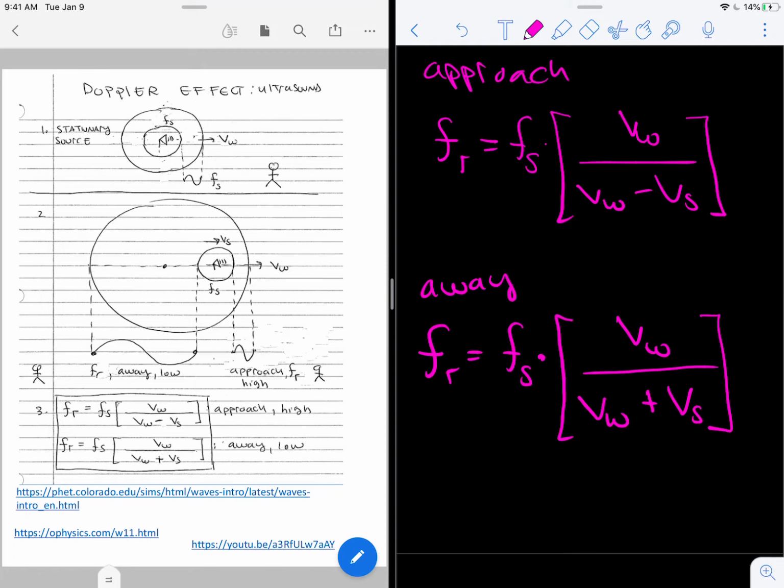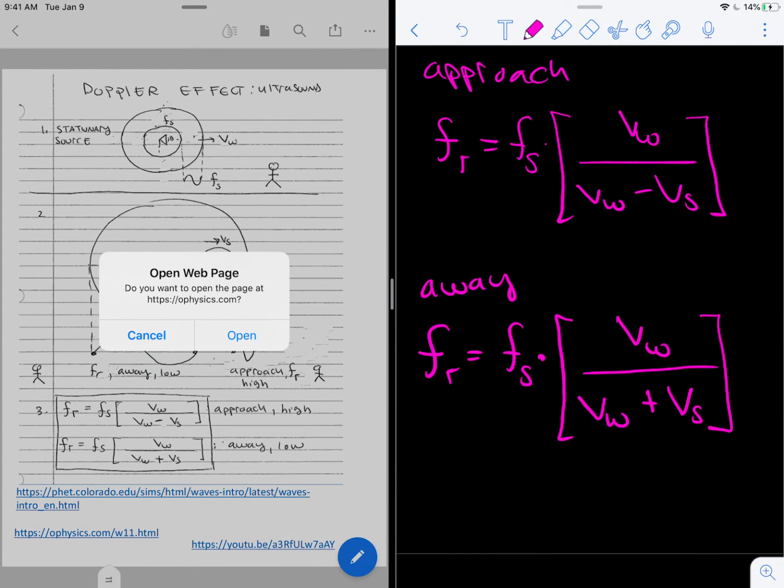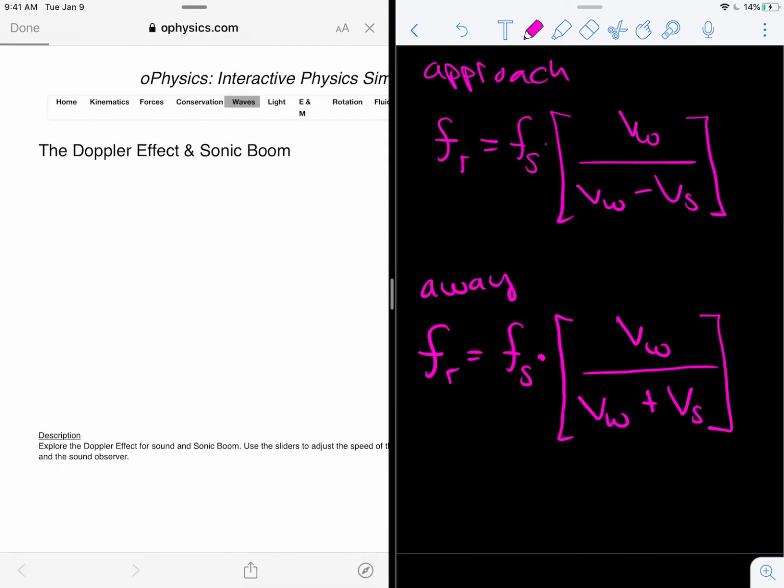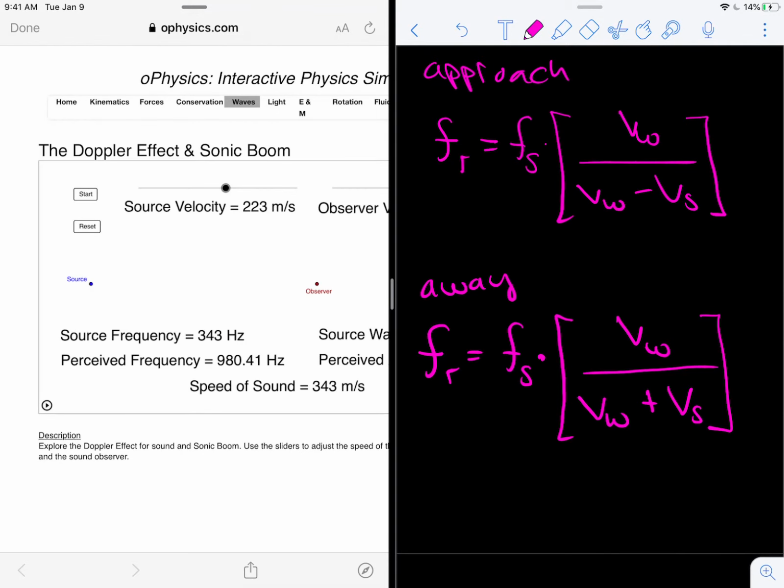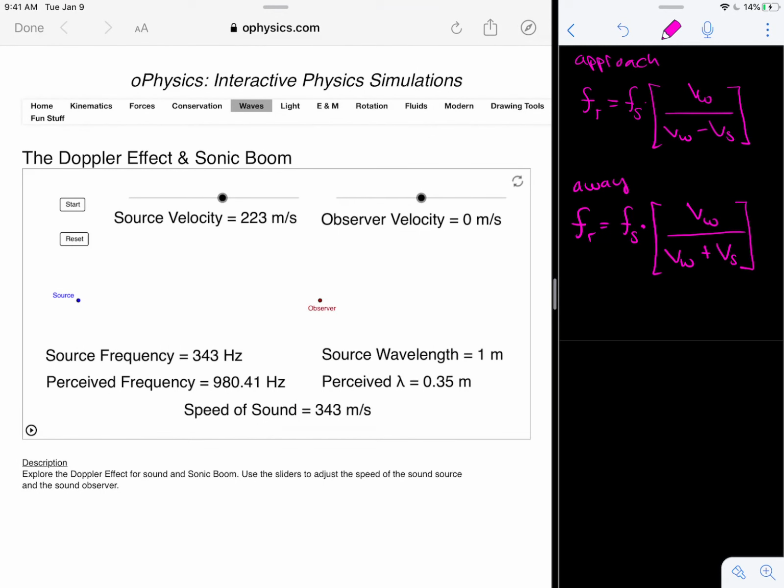So let's look at an example of this. So here I'm going to try to set the velocity of the speaker to 0 first. Okay, and now I'm going to start it.